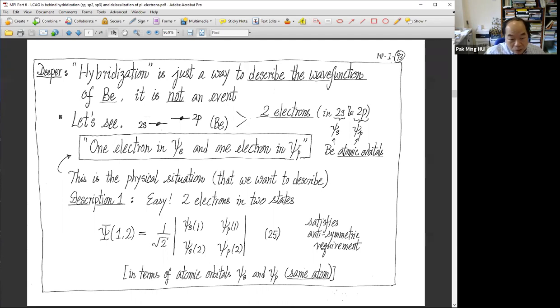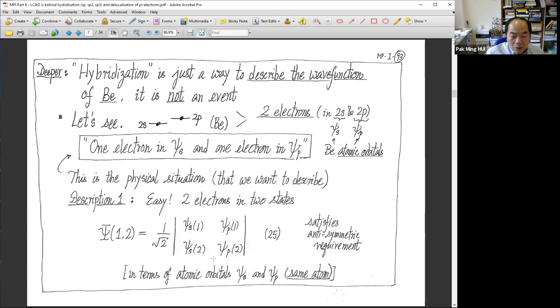For example, we start off with beryllium 2s with 1 electron, beryllium 2p with 1 electron. How can we write this 2 electron wave function in a legal way? We don't know which electron is which, right? So we have to write something like this, Slater determinant, okay?